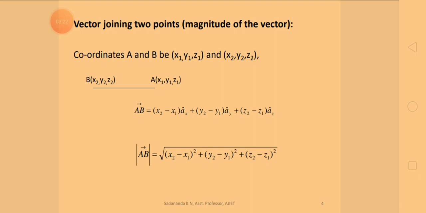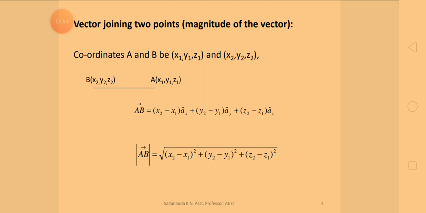For this explanation, let me consider two vectors, vector A and vector B. The coordinates of vector A are x1, y1, z1, and the coordinates of the other vector B are x2, y2, z2, which means the two vectors are separated by some distance, as shown in the slide. Now the vector AB can be written as (x2 minus x1) ax cap plus (y2 minus y1) ay cap plus (z2 minus z1) az cap.